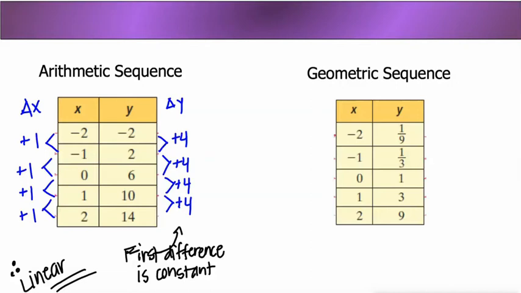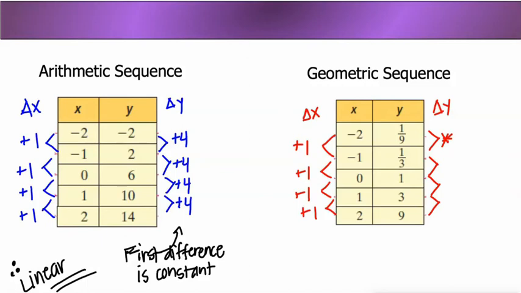Now in a geometric sequence, look at what happens. Our change in x is going to go up by 1, up by 1, up by 1, up by 1. Our change in y doesn't go up by a certain amount. It looks like it's got a common multiplier, a common ratio. So we know we multiply by 3, multiply by 3, multiply by 3, multiply by 3.